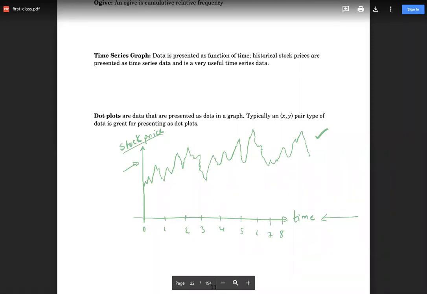It could be the growth of a tree over time, figuring out how things change, or the pollution level as time progresses. Time series data is very useful. Stock market is the most popular one people can relate to. That's why I put stock market.